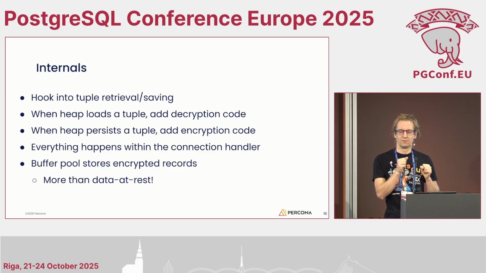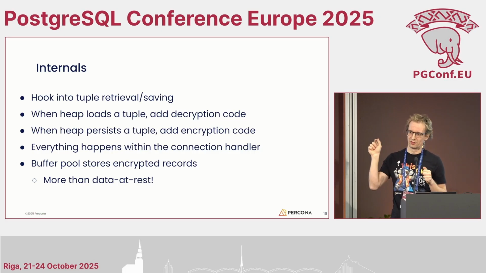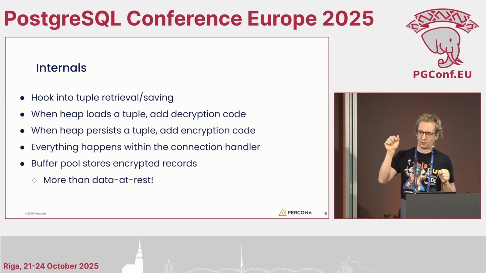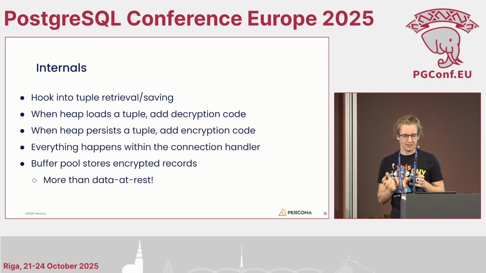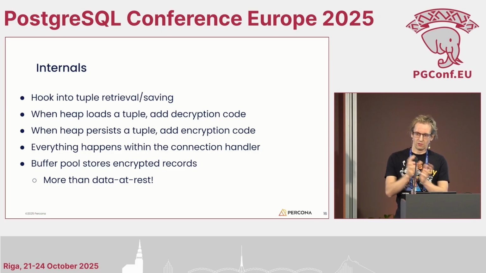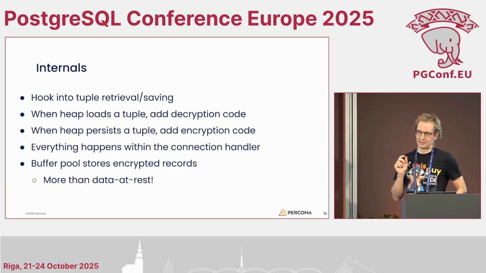So when a connection has to access a specific database row, it goes into the more internal parts of Postgres and says that it wants to decrypt that row. And when it has to encrypt that row, it tells the other levels of the Postgres internals that we want to encrypt that row.